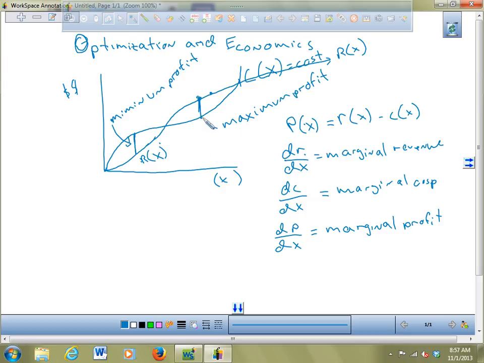But what happens is when those two things are equal, when the marginal revenue is equal to the marginal cost, that's where you find your maximum profit. Because if you think about it, this one's going uphill, and you want this one to be sloping down.